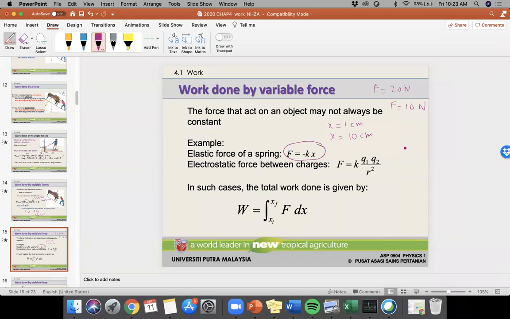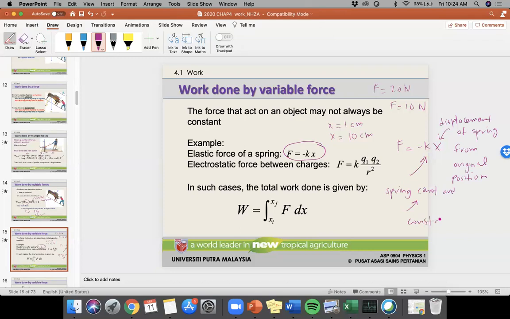Okay, I don't know if we learned about this yet or not. Oh, not yet. We haven't learned this. So F equals minus Kx, where x is the displacement of the spring from its original position, and K is your spring constant. Spring constant is a constant value.